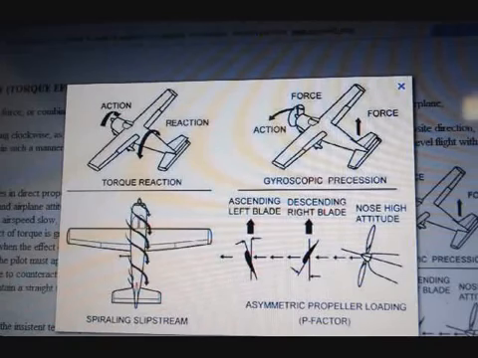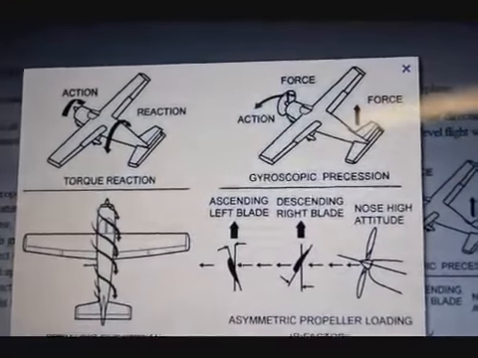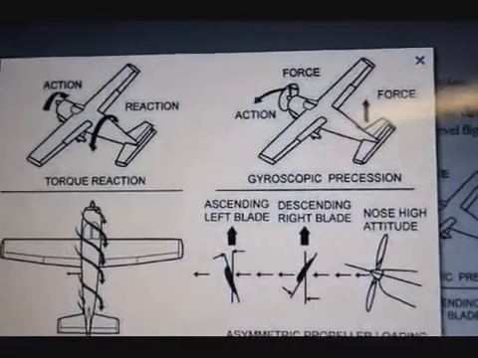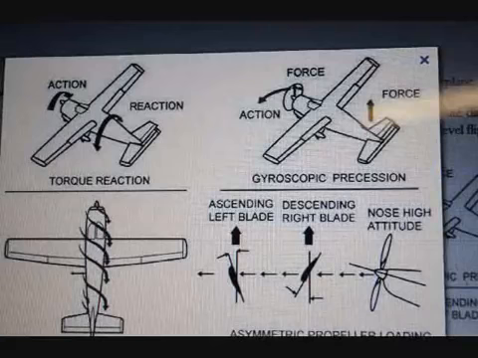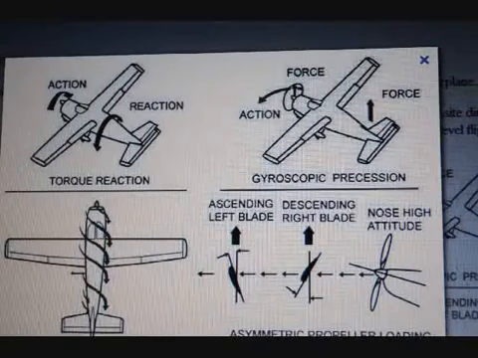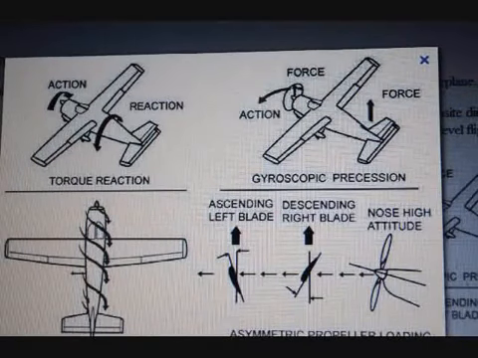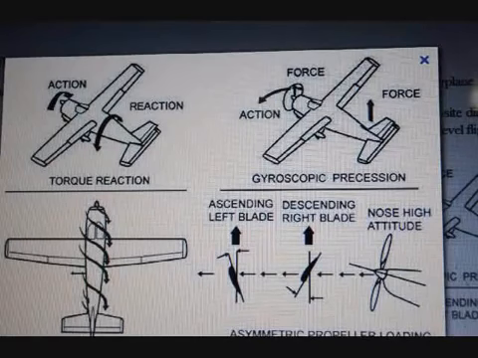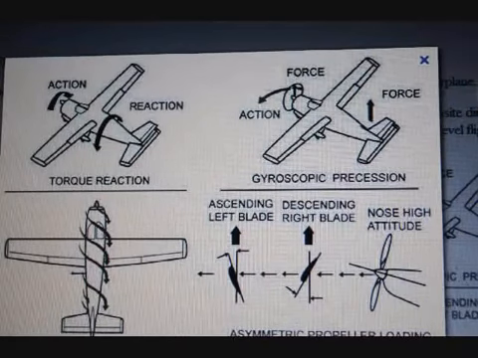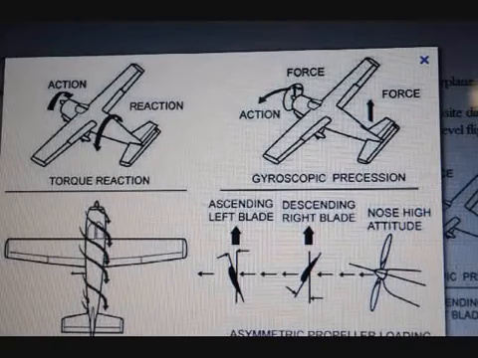What P-factor is, I don't know how well you can see this picture. Let me zoom in a little bit. The training aircraft are typically at a positive angle of attack when flying straight and level even, but it's much more pronounced when you're taking off.